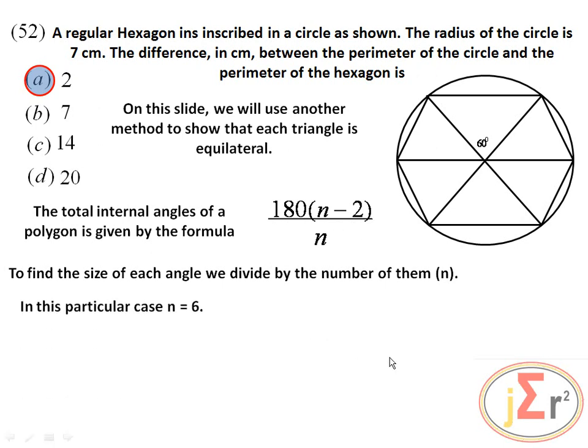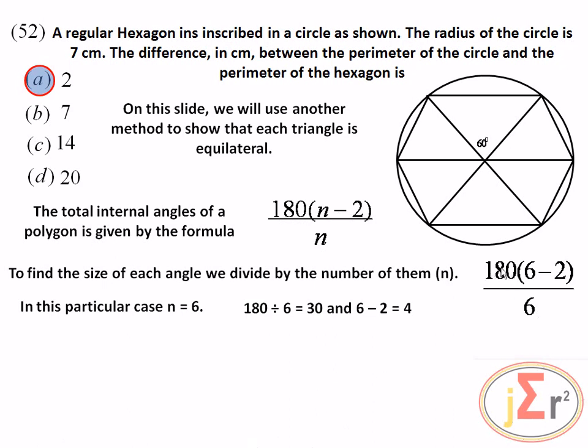In this particular case, n is equal to 6. Right, so n is equal to 6, so we will have 180 in the bracket we will have 6 minus 2, and of course we will divide by 6 in the end. So we have 180 that we divide by 6.